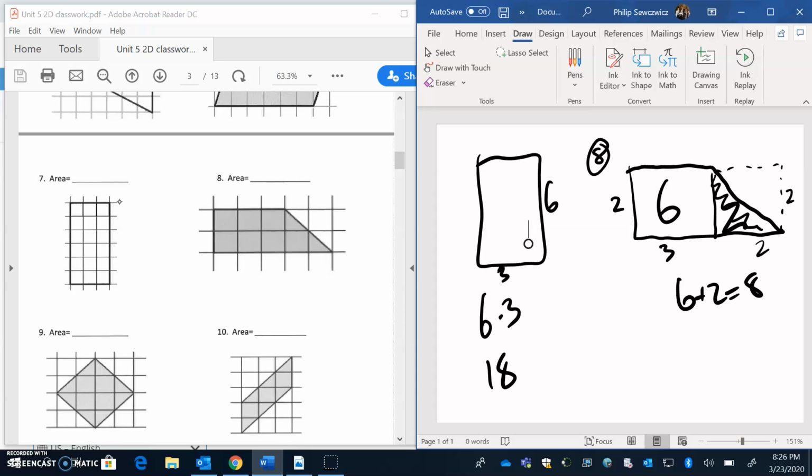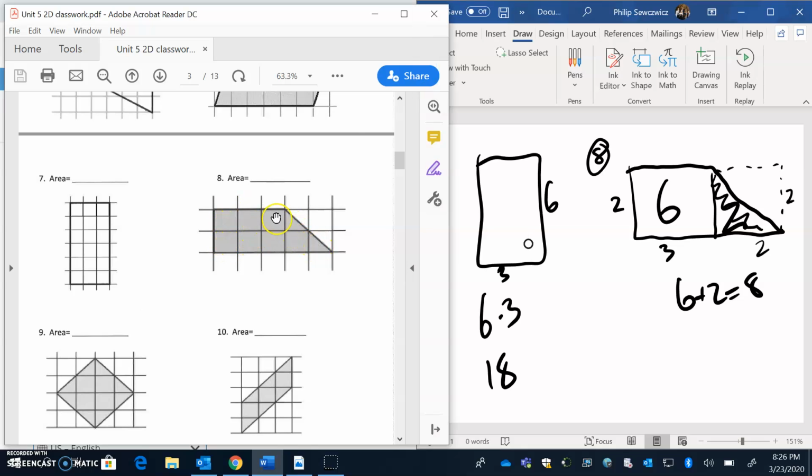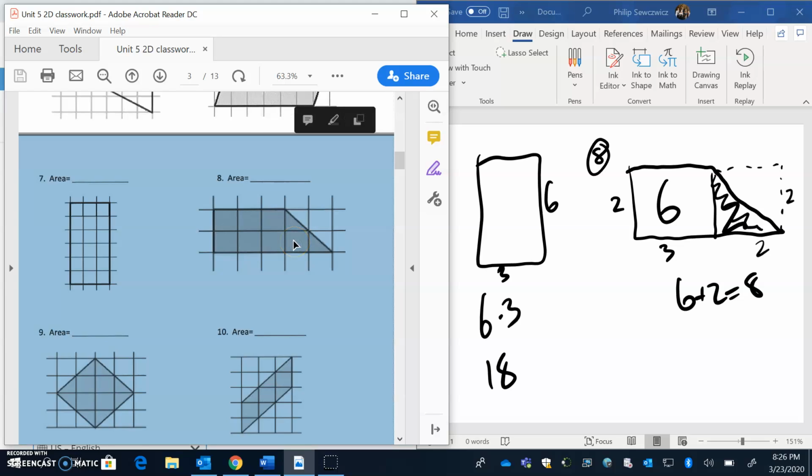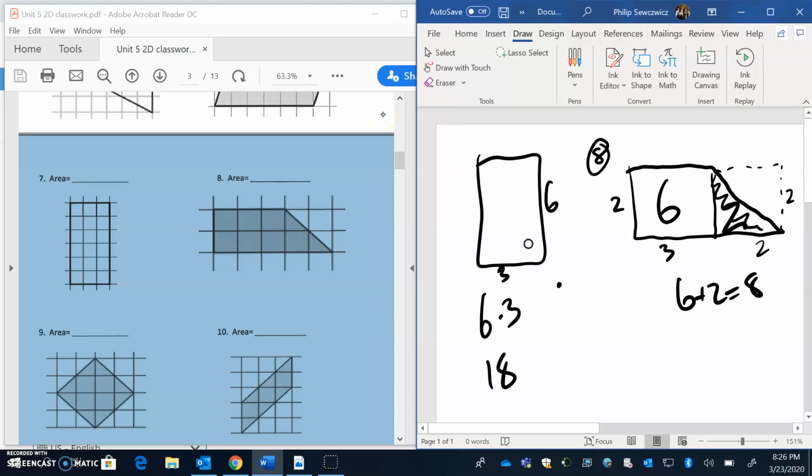We can also simply remember area is just the number of squares. And this one works out really nice because the triangles are cut perfectly in half. So we can just count 1, 2, 3, 4, 5, 6, 7, and then a half make a whole. So there we are. We've got ourselves an 8 that we are dealing with.